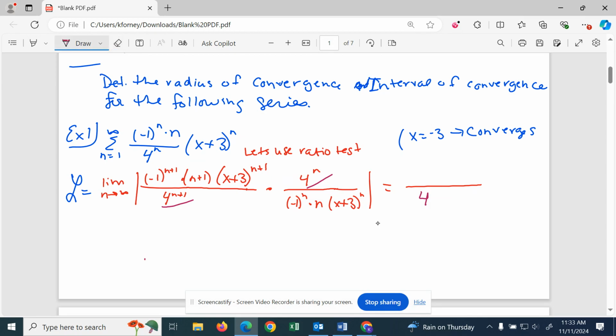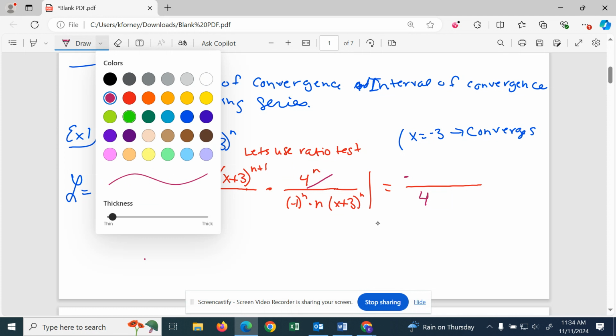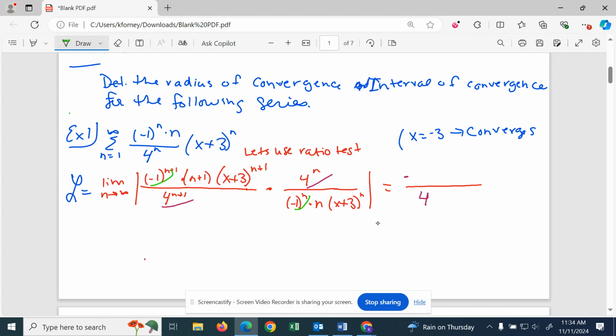Then the x plus 3 to the n will cancel, leaving x plus 3 to the first in the numerator.